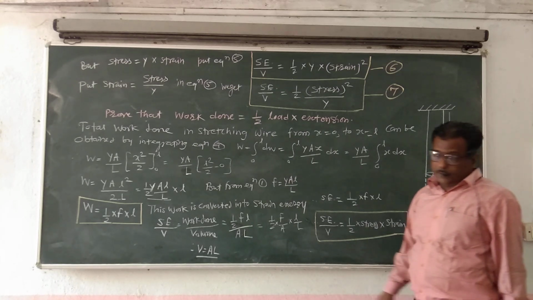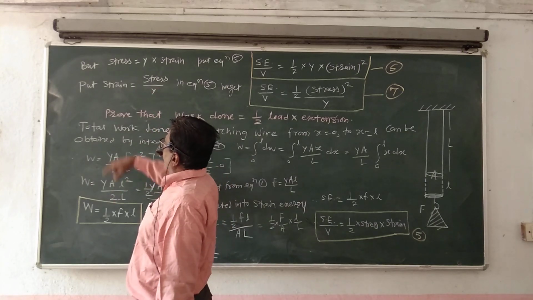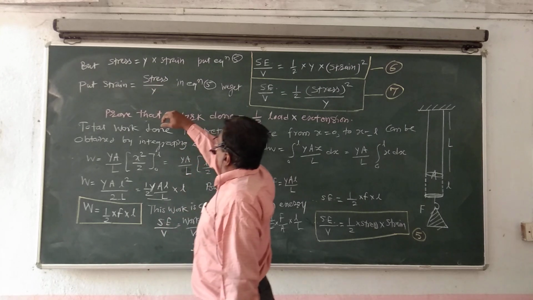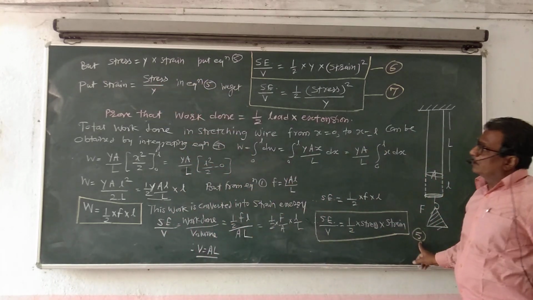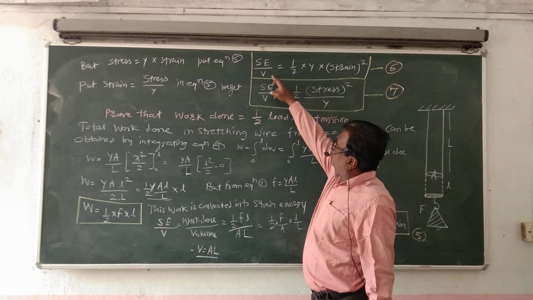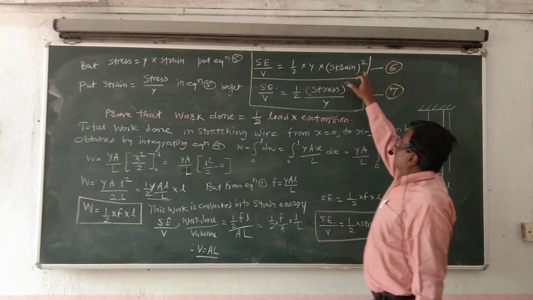But we know that Young's modulus Y is equal to stress upon strain. That means stress equals Y into strain. When we substitute this value in equation number 5, we get another relation, that is strain energy per unit volume is equal to half Y into strain square.